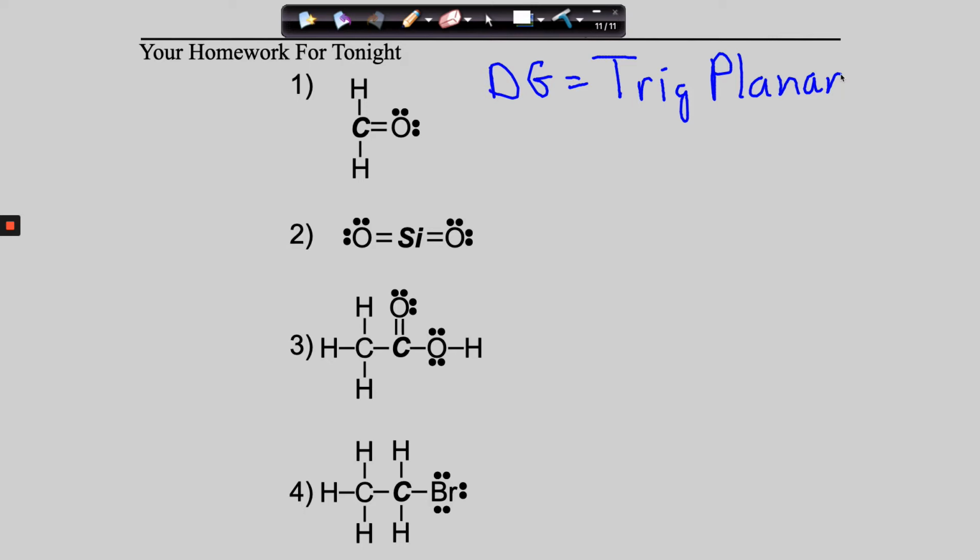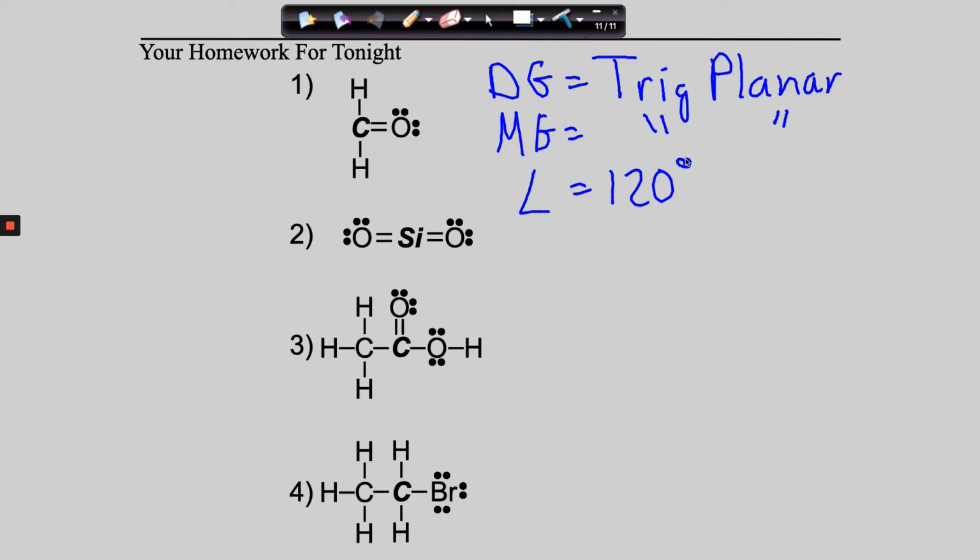How many of those domains are bonding domains? All of them. So, guys, that puts us on the top line of that chart. And that means that the molecular geometry is also trigonal planar, and the angle is 120 degrees. That's it. Those 3 for every single one.